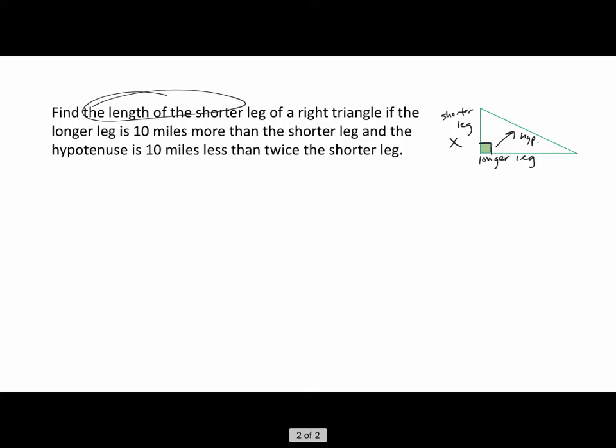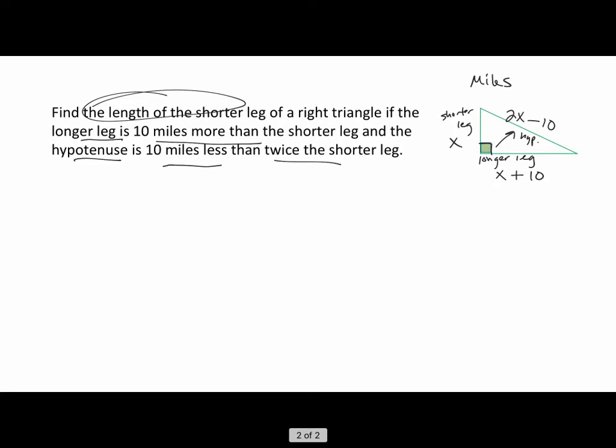And the rest of this says the longer leg is 10 miles more than the shorter leg. So 10 more than the shorter leg. And these are all in miles. The hypotenuse is 10 less than twice the shorter leg. So 10 less than twice the shorter leg.